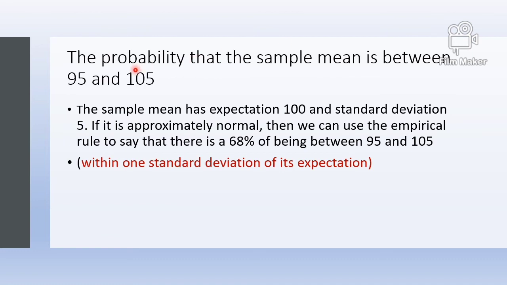So the probability that the sample mean is between 95 and 105. The sample mean has expectation of 100 and the standard deviation is 5. If it is approximately normal, we can use the empirical rule to say that there is a 68% chance of being between 95 and 105, within one standard deviation of its expectation.